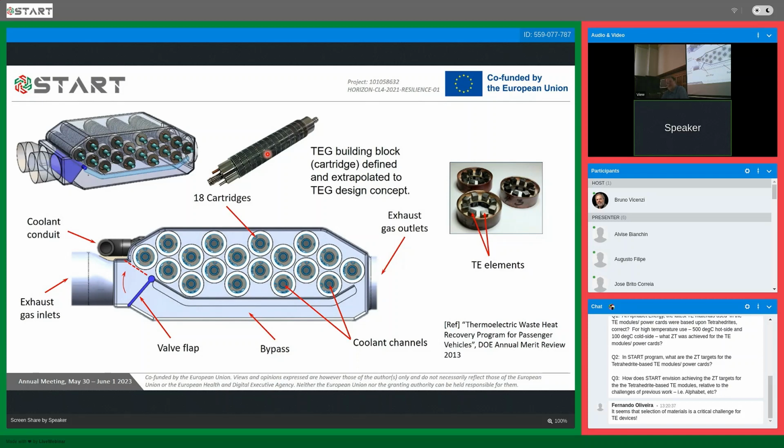What ZT was achieved for the TE module power cards? I don't have that specific information in the slides. The peak ZT was less than 1, and particularly as we looked to scale up.